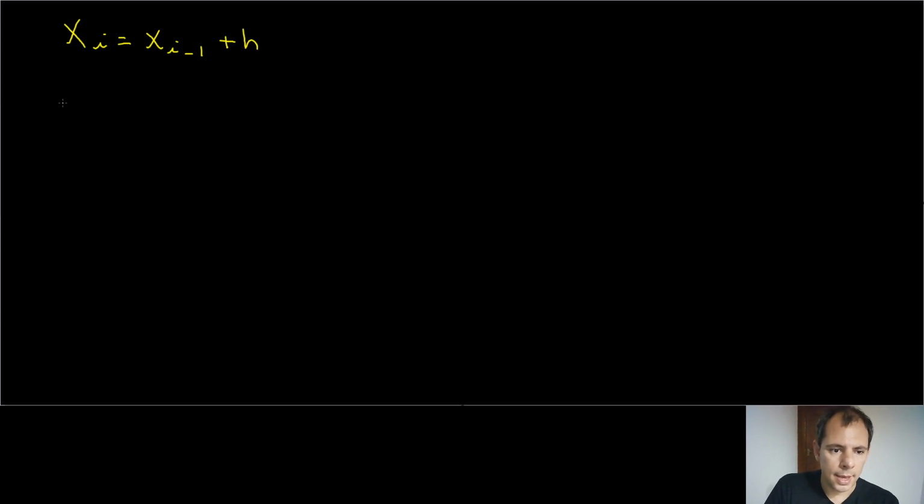And the yi is going to be y(i-1) plus h times the derivative of the function. At what point? At the point that you already have, which is going to be x(i-1), y(i-1).